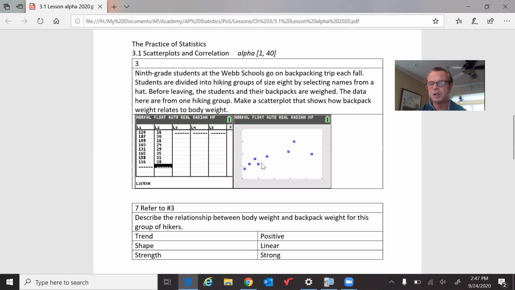And if you said positive, linear, moderate, because this child's going to bring the slope down, that would be acceptable too. Okay? But you have to be on board with what the prompt is saying. They want the trend, the positive or negative. They want the shape. Is it linear or curved? They want the strength, strong, moderate, or weak. Okay? So that's that for 3-1 alpha.